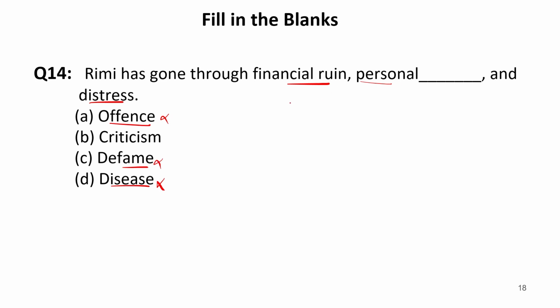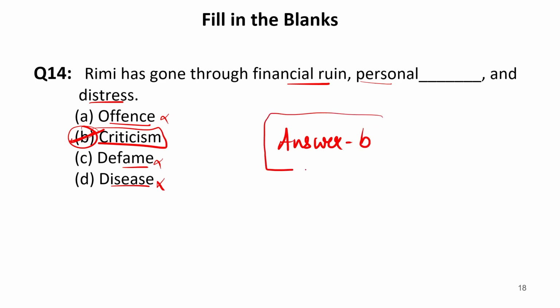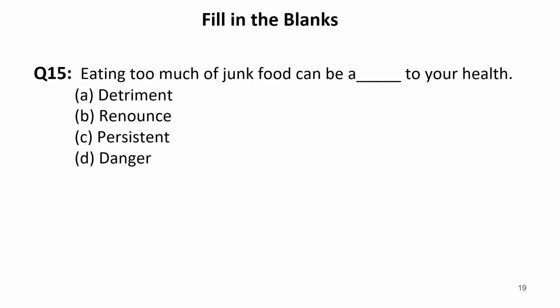So personal will be superfluous with it. So it will be criticism. So the correct answer will be B. That is criticism. This is a suitable word over here to make the sentence meaningful and complete. Let us read the sentence again. Rimi has gone through financial ruin, personal criticism, and distress. Now let us move to the last sentence of this session.